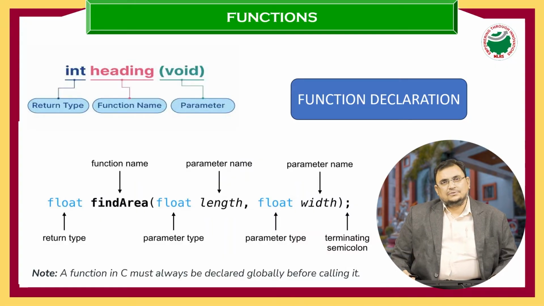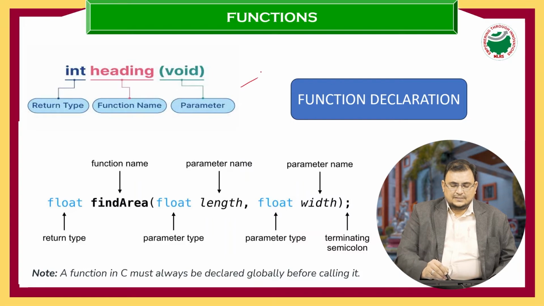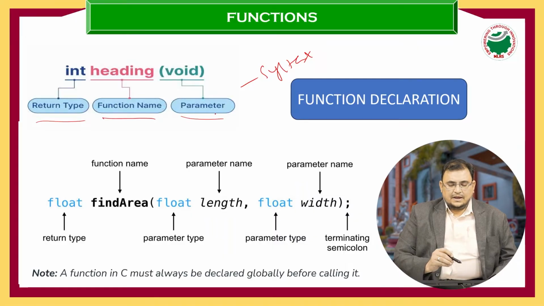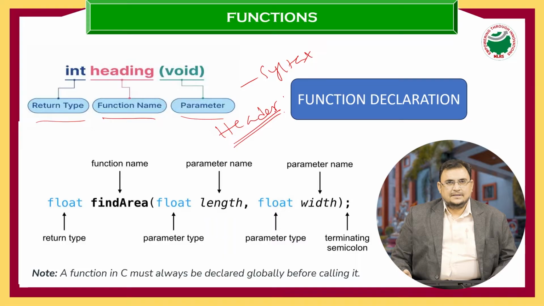A user-defined function has a syntax to declare. The syntax is return type followed by function name, then parameter list. Here it is also called a header. It is also called a function declaration consisting of a header. And function declaration you can also call the prototype of the function.